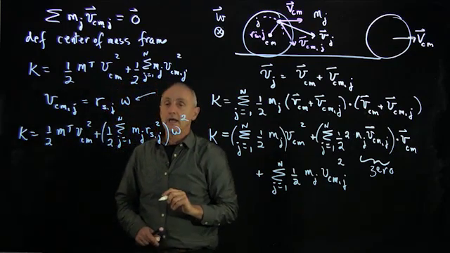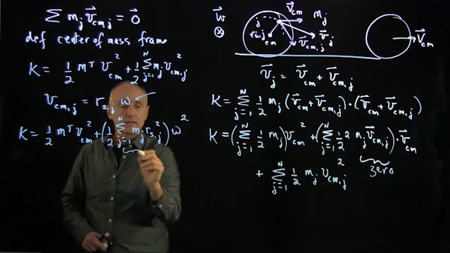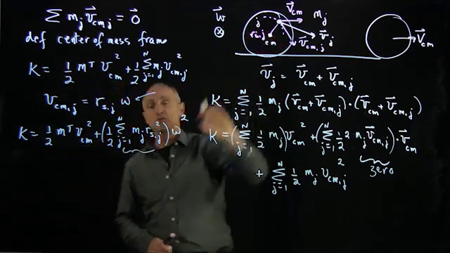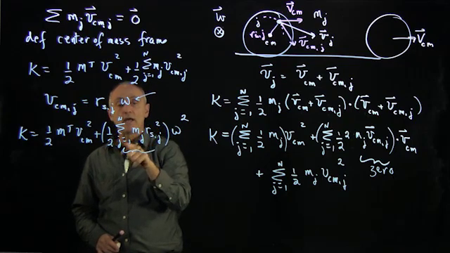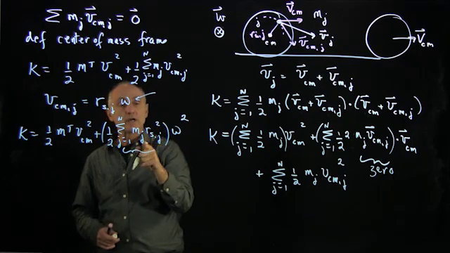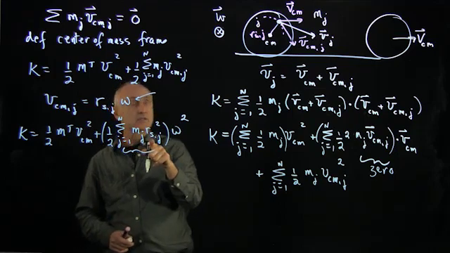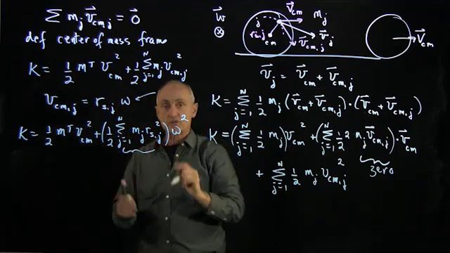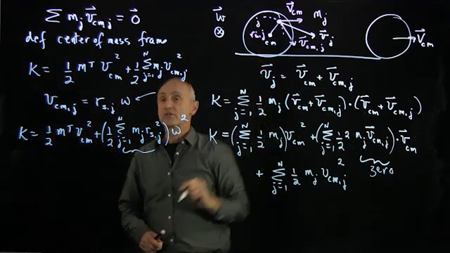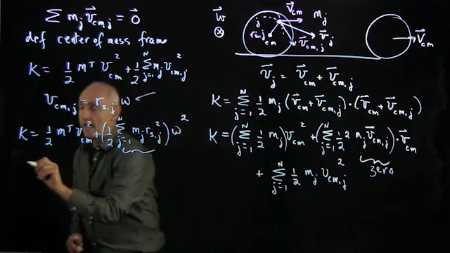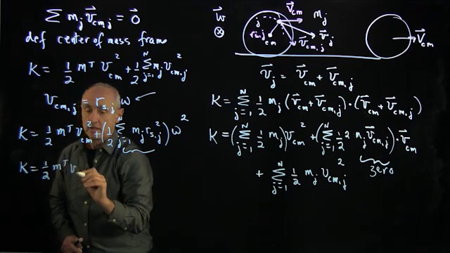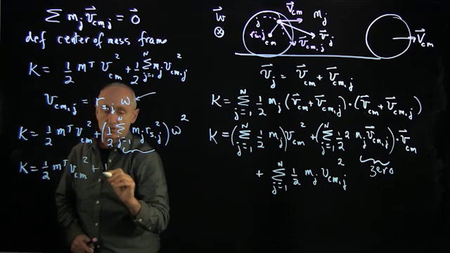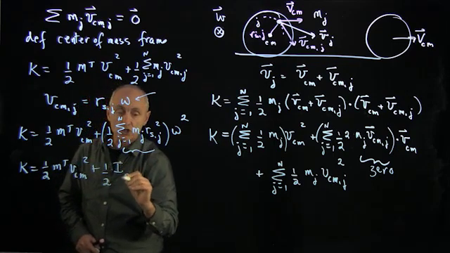And because this is a continuous body, and we take the limit, as we've done before, as mj goes to 0, this quantity of mass times distance squared is just the moment of inertia about the center of mass of that body.